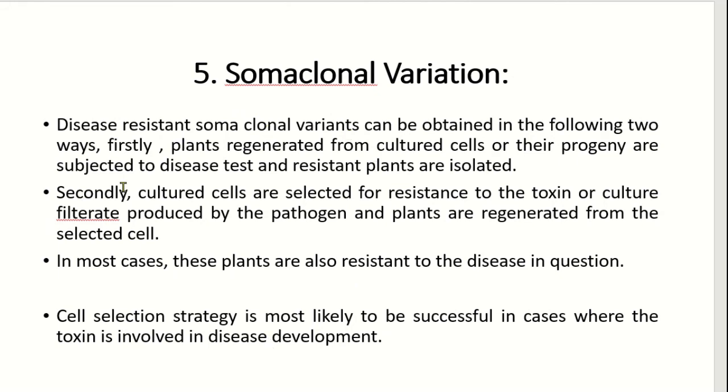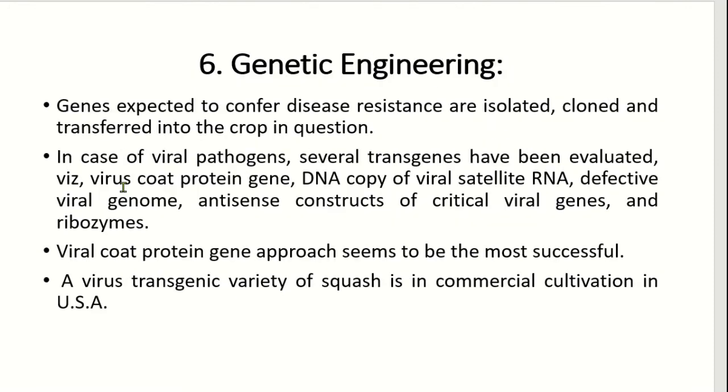In this case we require much time, and at the same time we have to harden the selected lines, which is another process of tissue culture, another process of plant breeding.